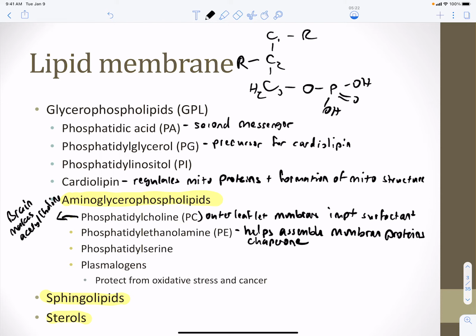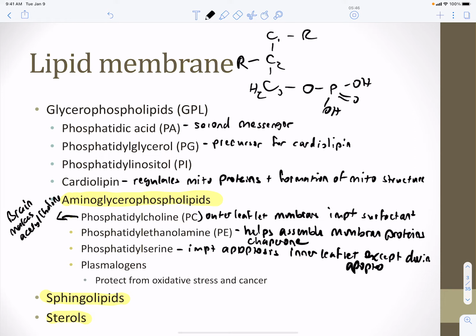And then phosphatidylserine is a component of cell membranes as well, and it's going to have an important role in apoptosis. And this is going to be on the inner leaflet, except during apoptosis. And it's actually going to be flipped to the outer.